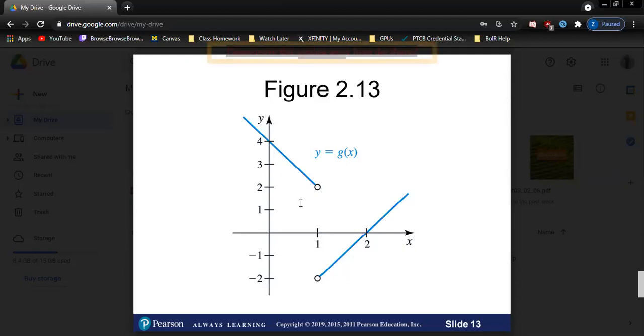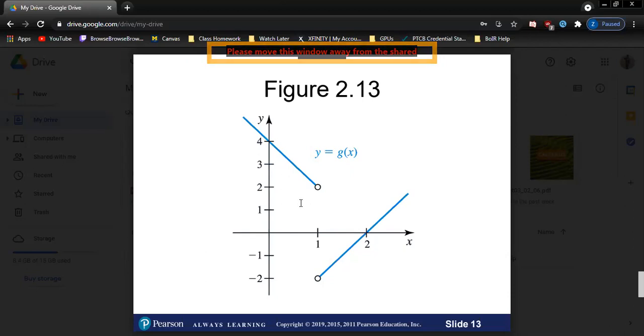Just eyeball. Would that be like 1.0001, or it wouldn't be 2, it'd be like 1.999? No, you are just looking for the value, by the way.